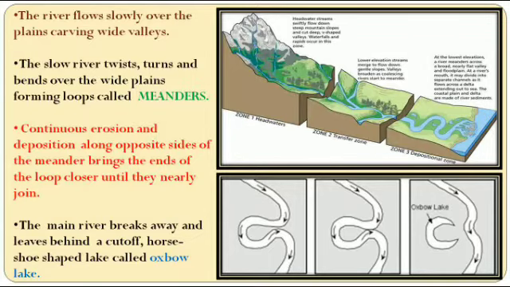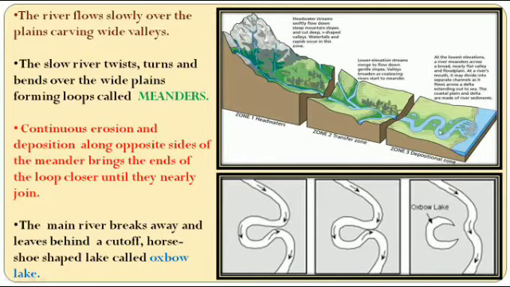As you can see in the upper picture, meanders are turns, twists and bends over the wide plains that form a loop, and these loops are known as meanders.